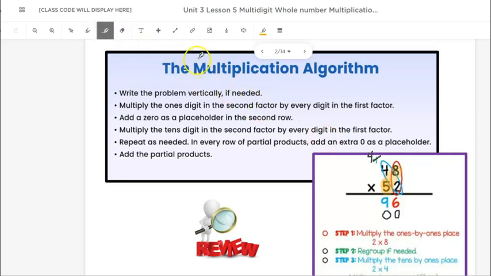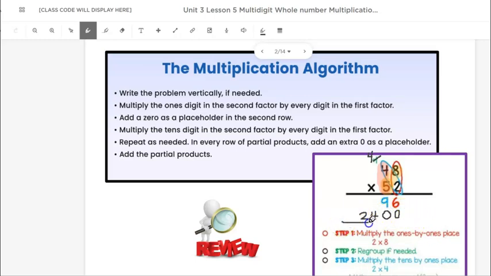Now we're going to do 5 times 4. And 5 times 4 I know is 20. So 20 plus the 4 that we carried would be 24. And I will write that down here as my product.